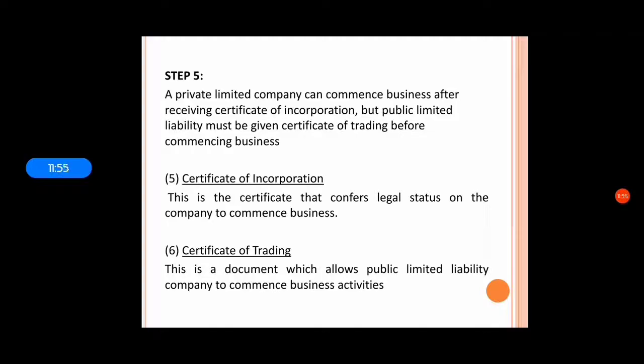That is meant for the public limited liability company. It's a document which allows a public limited liability company to commence business activities. So the public limited liability company needs both the certificate of incorporation and the certificate of trading before they can venture into business activities.